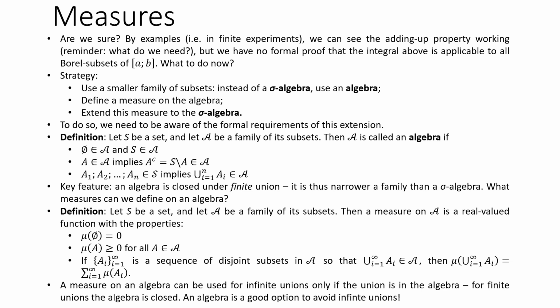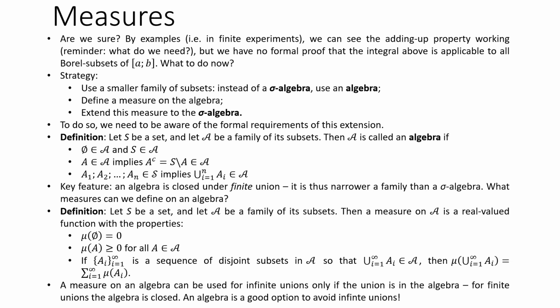So it's not closed under infinite union, it's closed under finite union. In this sense, the algebra is a narrower family than the sigma-algebra. So now we have a smaller family of subsets, and at this point we can define measures on algebras. So let's define measures for algebras.